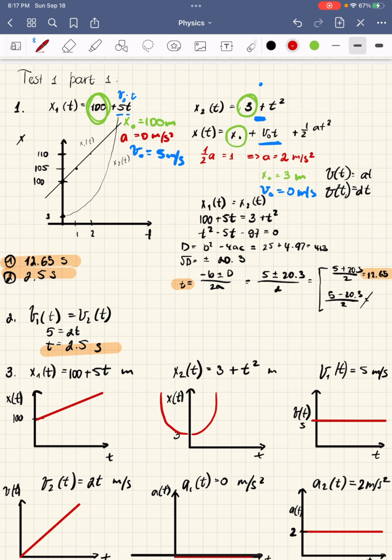So for object number 2, the acceleration: if we compare the formulas right here, we see that here we have 1. So 1 over 2 times a equals 1, and we get a equals 2 meters per second squared. It means that the second object is moving with an acceleration of 2 meters per second squared.